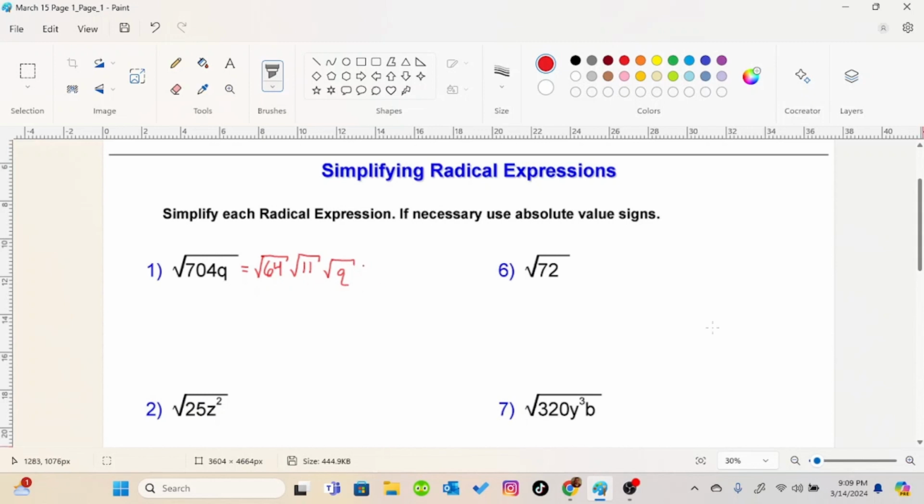So now the square root of 64 is 8, and we can combine the 11Q back under the radical. So now we've made these numbers much smaller and easier to understand by changing the square root of 704Q into 8 times the square root of 11Q. And this is our final answer.